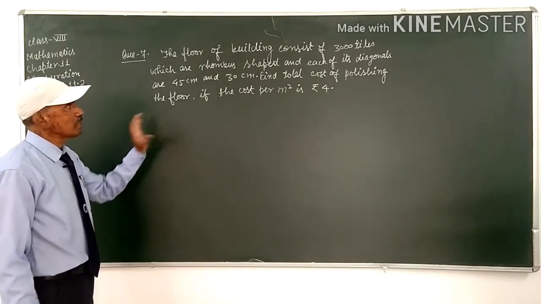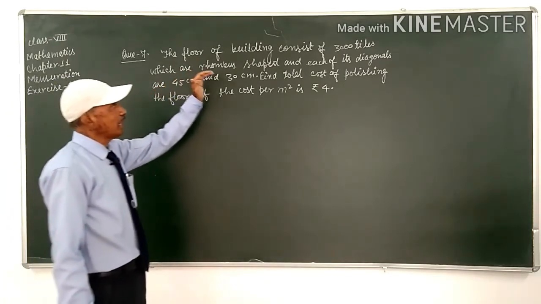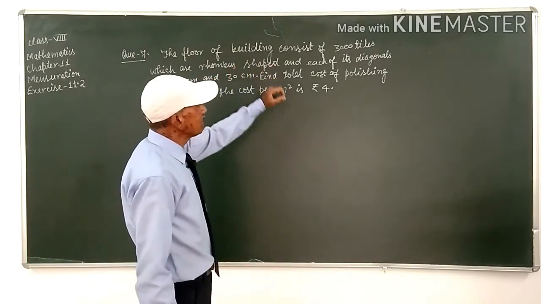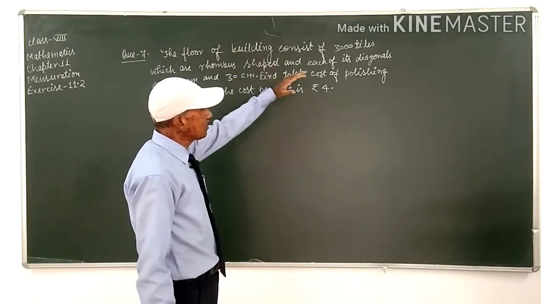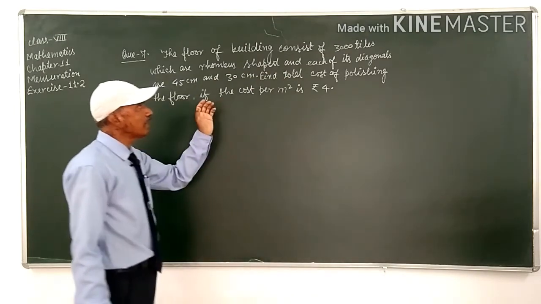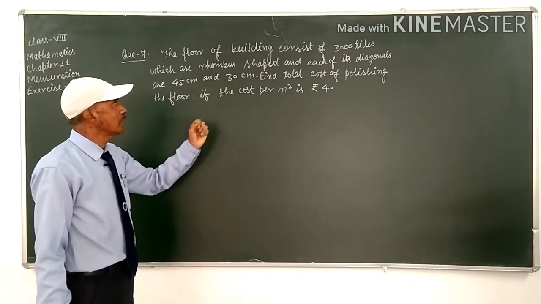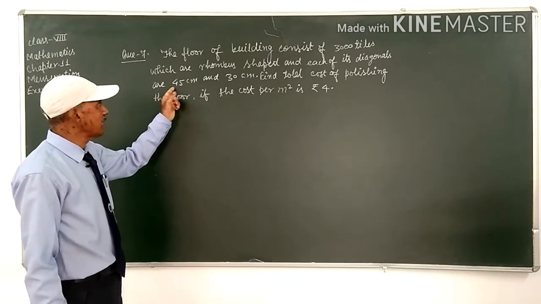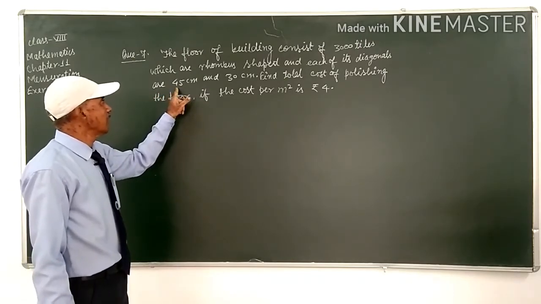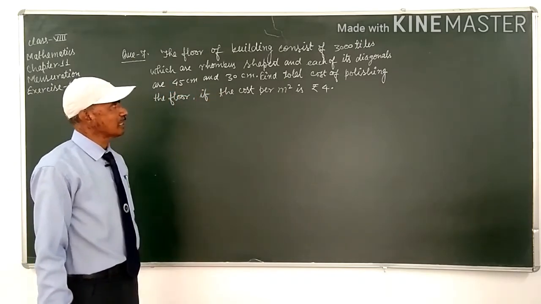Students, in this question it is given that the floor of the building consists of 3000 tiles and the tiles are rhombus shaped and the diagonals of the tiles are 45 centimeter and 30 centimeter.